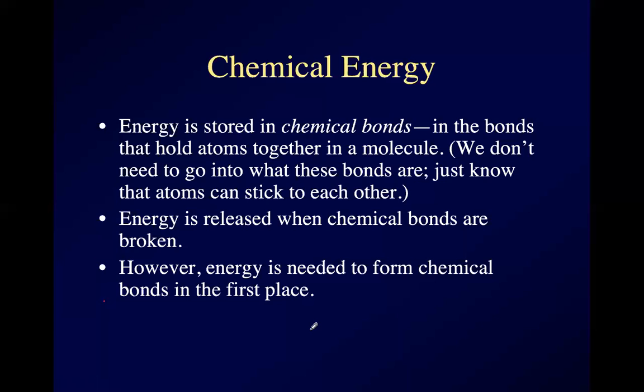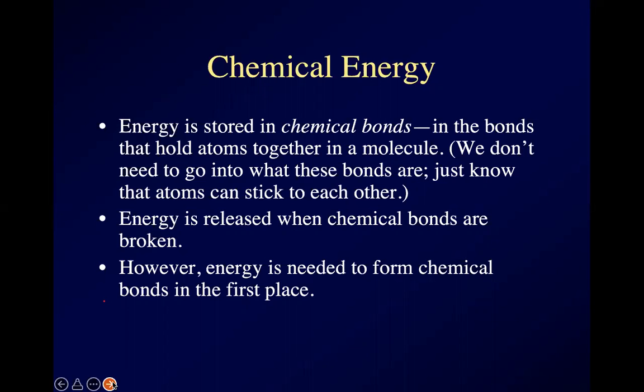However, you also need energy to form chemical bonds in the first place. It took energy to stick those carbons, hydrogens, and oxygens together to make paper. Ultimately, the energy source was the sun, which landed on tree leaves, and trees were able to harness solar energy to stick together carbons, hydrogens, oxygens, etc., to make the cellulose that paper is made of.